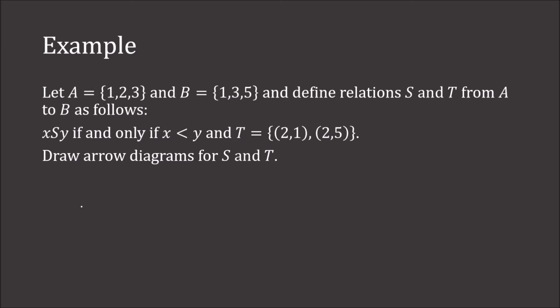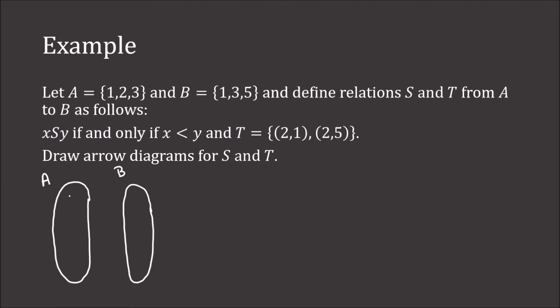So let's start with S. So we draw a region to represent A, draw a region to represent B. So 1, 2, 3, those are the elements of A. 1, 3, and 5 are the elements of B. So now we just have to draw arrows from all of the x elements that are related to the y element.